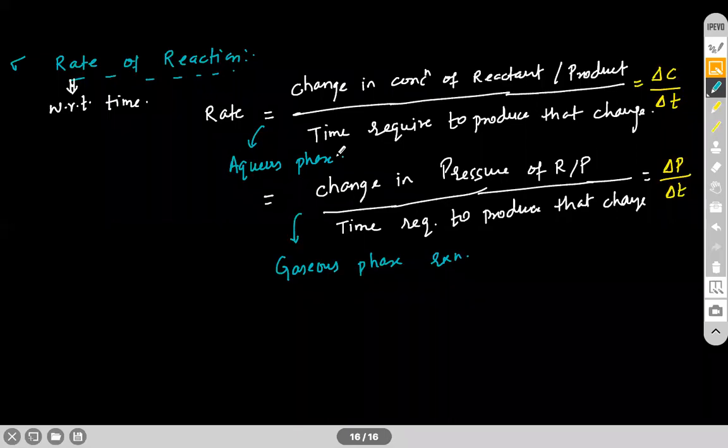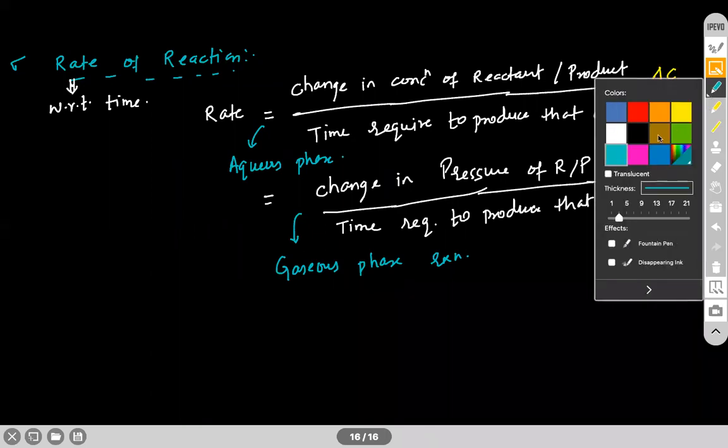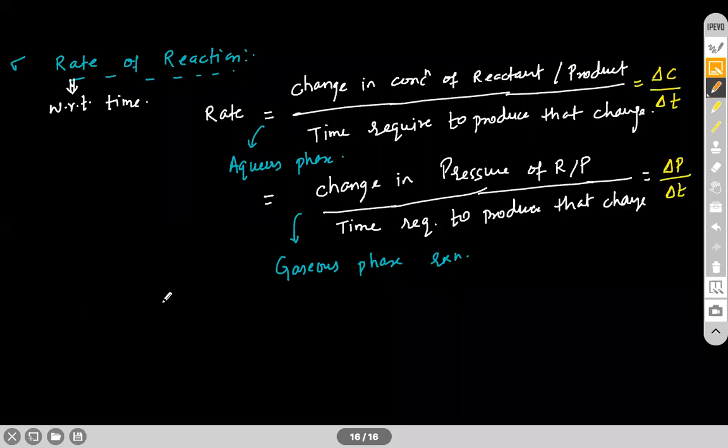Okay, how to write down the rate of a reaction. Now suppose I'm assuming a reaction, say A gives B. Now what I'm assuming, at time t equals 0, the concentration of A is small a, and B is 0.